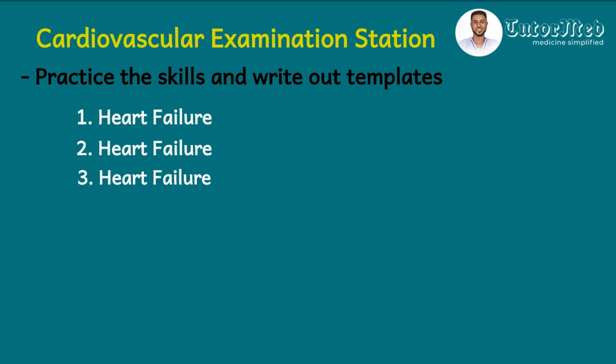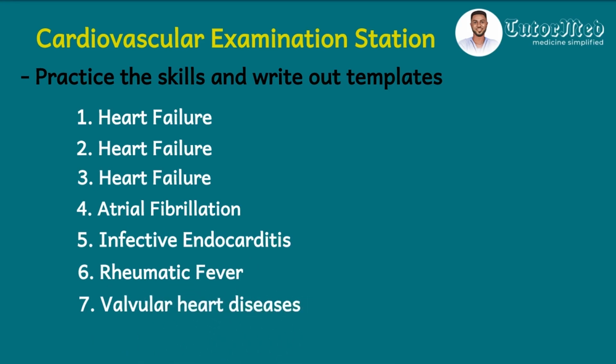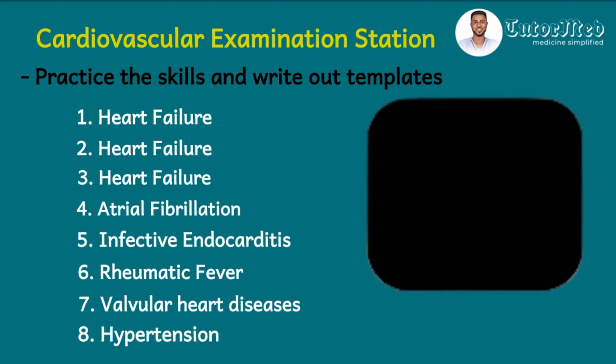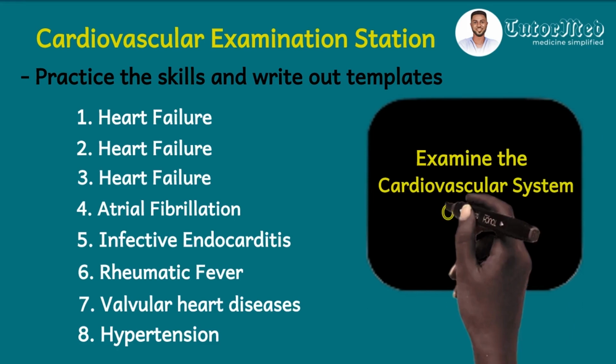And the 4th case, atrial fibrillation, then infective endocarditis, rheumatic fever, valvular heart diseases like mitral regurgitation, mitral stenosis, aortic stenosis, and then hypertension. Typically, for this station, the instruction would be: examine the cardiovascular system of this patient.